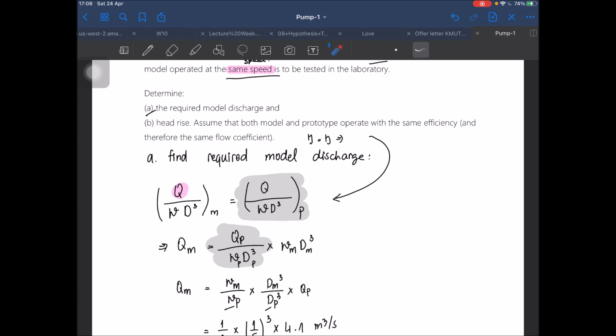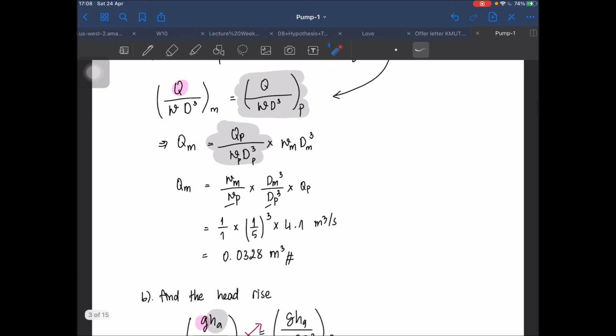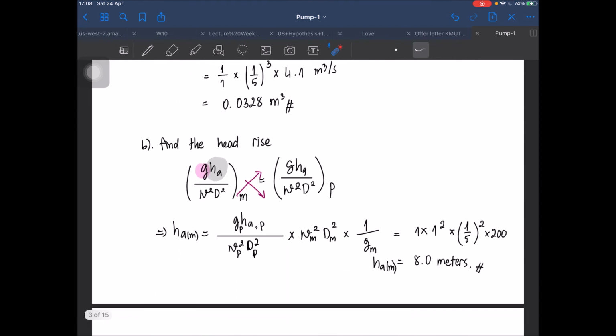Okay, so now we have model and pump here. We can find this one by rearranging the equation, and then we can get the head rise by using another. So we have 1, 2, 3, 4, 5, 6 equations so far, including efficiency.